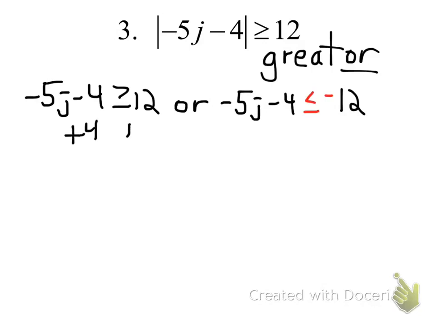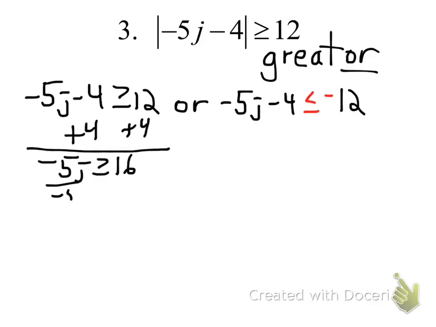If we start to solve the first inequality, we wind up with j is less than or equal to negative 3.2. Remember, we switched the inequality sign here to less than or equal to because we were dividing by a negative. Whenever you multiply or divide by a negative when dealing with inequalities, you need to switch the inequality sign.